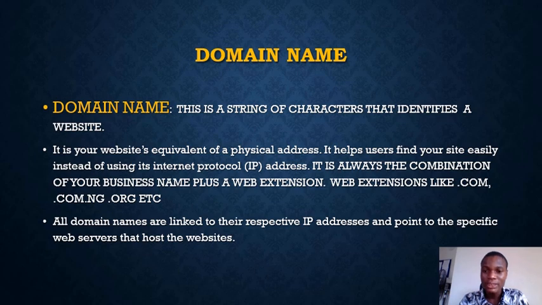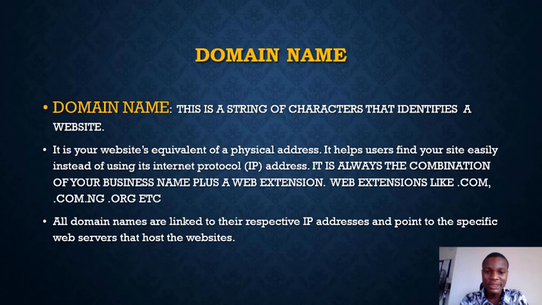It helps users find your site easily instead of typing its internet protocol address. Now, for you to visit somebody's website, you will need to have the person's internet protocol address. The IP address is a string of characters. Those characters range from text, symbols and formulas, something very complicated that even you yourself cannot cram.